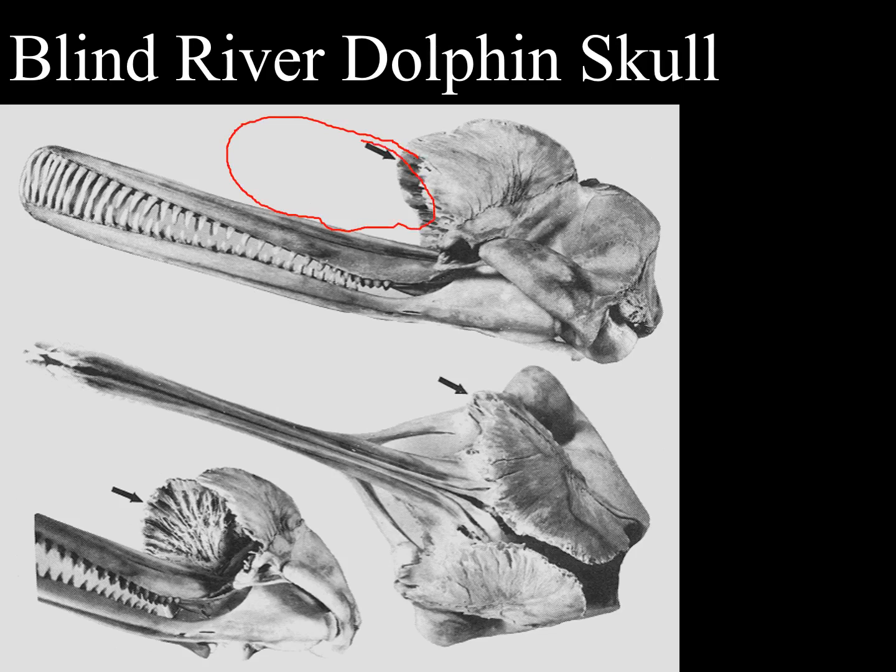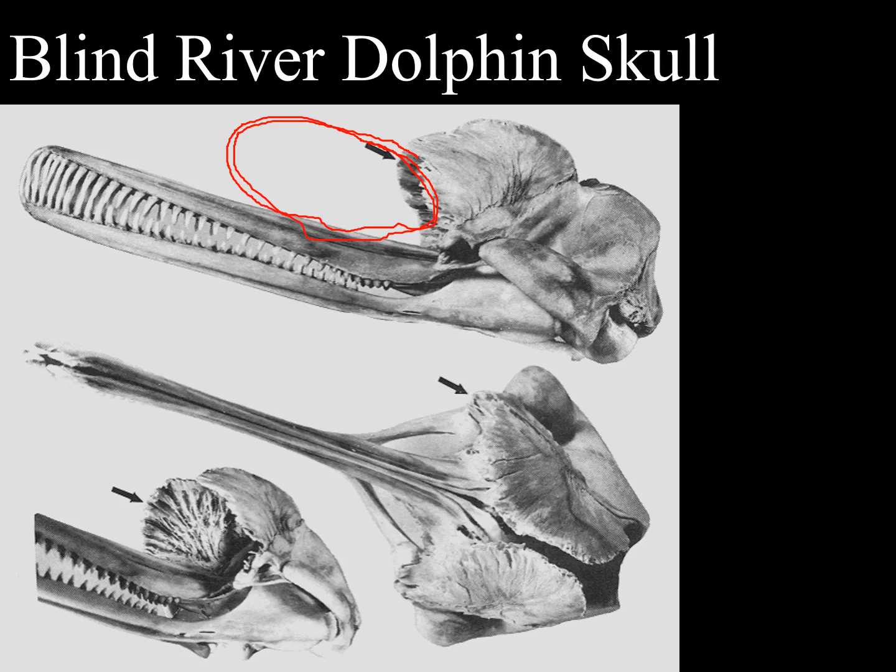It's called the melon, and that capsule of lipids is surrounded by muscles. What it is, is an acoustic lens. So when these animals are generating sounds, they can change the shape of that melon and focus those sounds out in different directions.